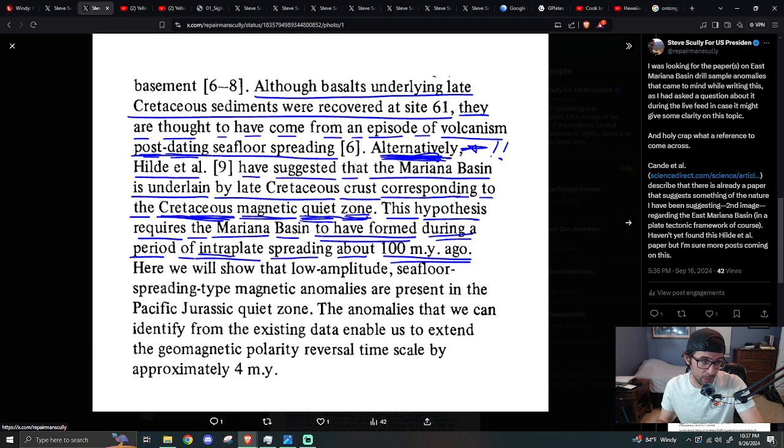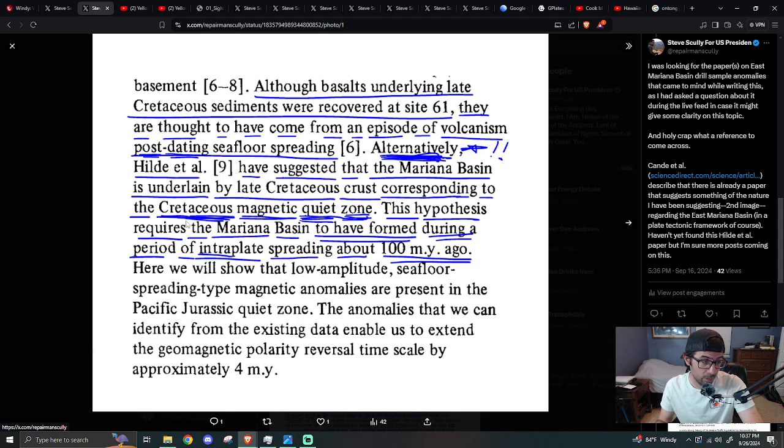And then alternatively, Hilde et al. have suggested that the Mariana Basin is underlain by late Cretaceous crust, meaning when the Ontong Java Plateau formed, corresponding timing-wise to the Cretaceous Magnetic Quiet Zone of 120 to 83 million.